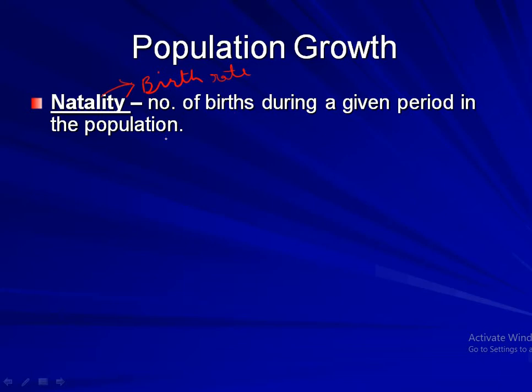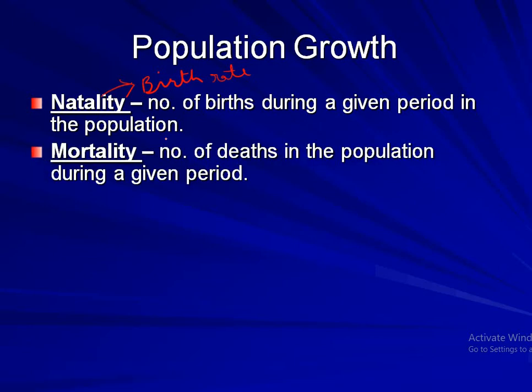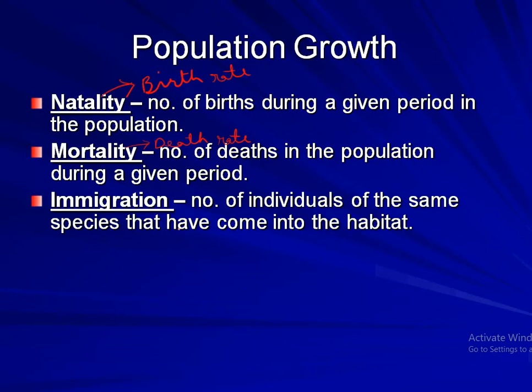The second factor which is responsible for the change in population is mortality. Mortality means death rate, that is the number of individuals that die, which reduces the population. So this is going to decrease the population. The third factor is immigration.